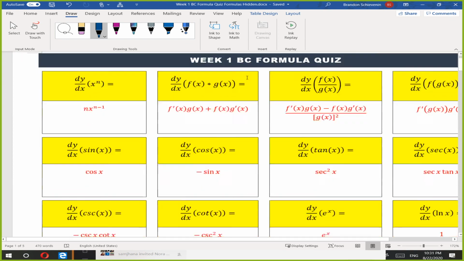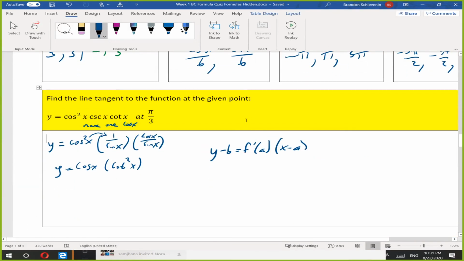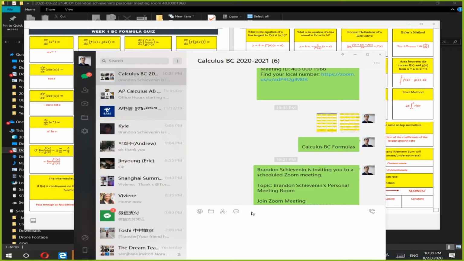Homework is just the rest of this mock quiz. So I'll post that to the chat as well. Homework: the rest of the week one mock quiz.